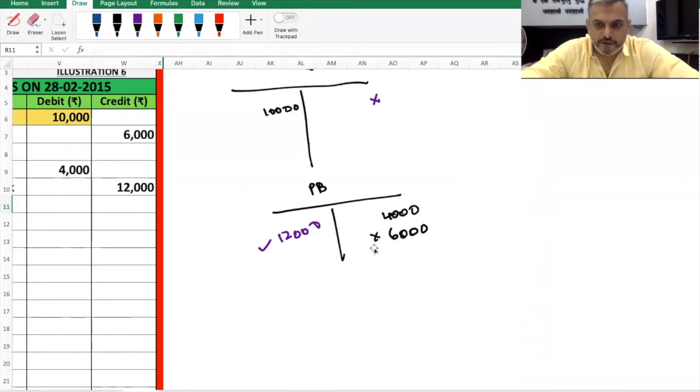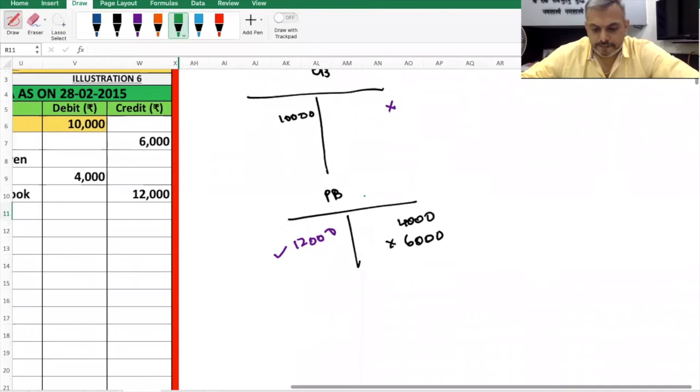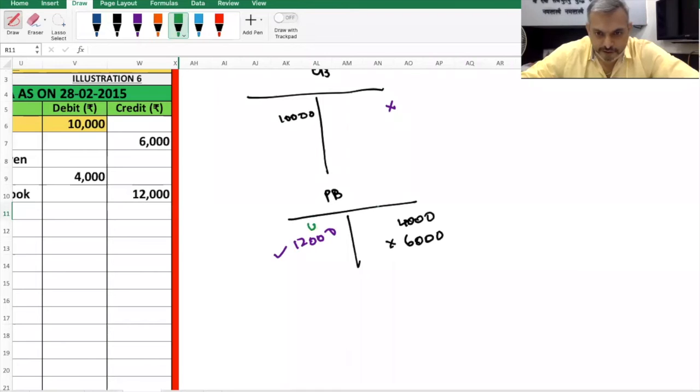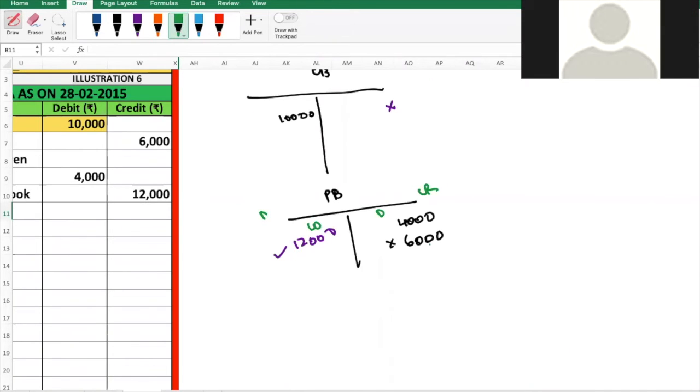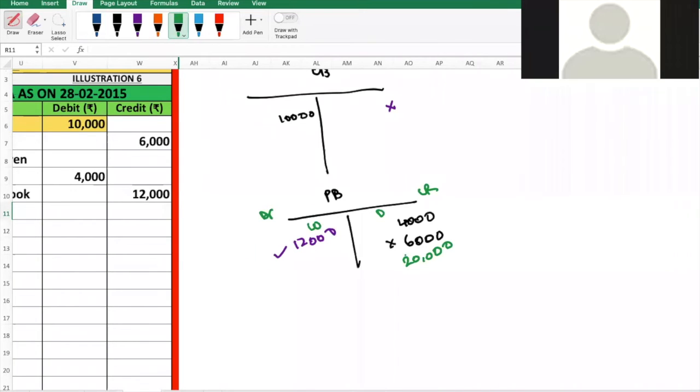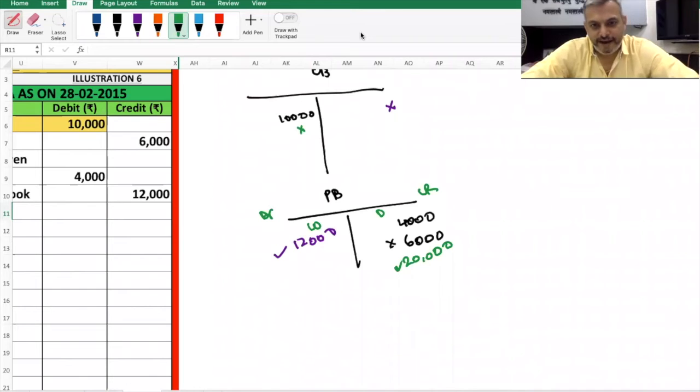Now if the customer deposited the 20,000 check directly, where will it come first, cash book or passbook? Passbook. Which side in the passbook? Withdrawal or deposit side? Deposit side. So 20,000 has come in passbook but not recorded in cash book debit side.